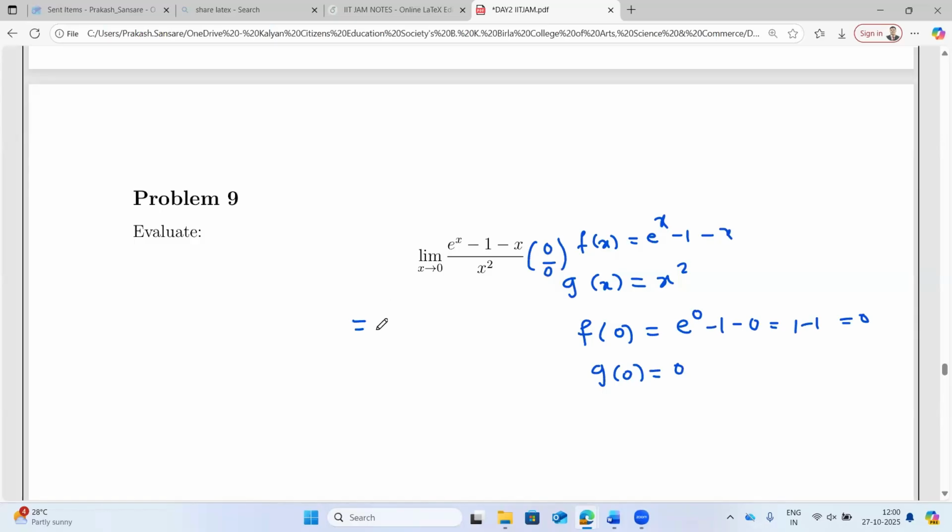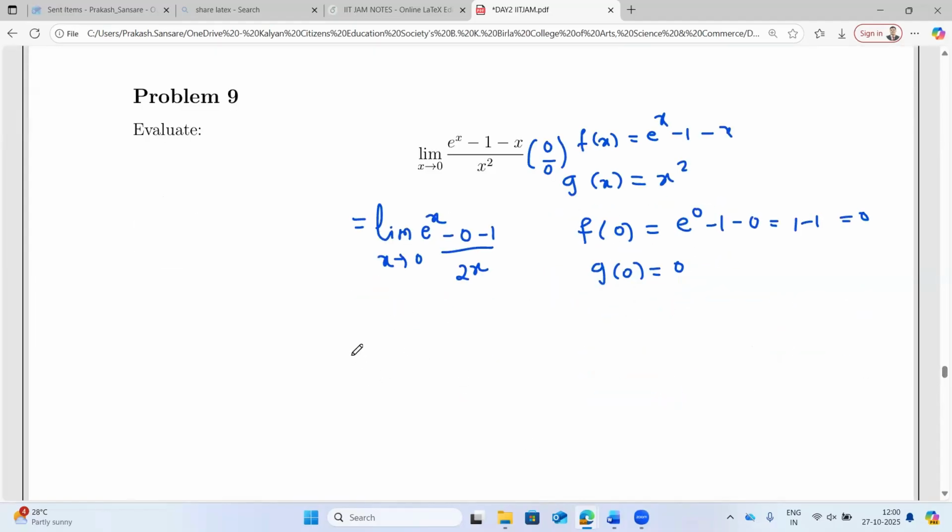So if you apply L'Hospital's rule, you find the derivative of the numerator. E power x derivative is e power x, minus 1 derivative is 0, minus x derivative is minus 1, upon the denominator derivative 2x. Now when you substitute x equal to 0, e power 0 is 1, 1 minus 1 is 0, and the denominator is also 0.